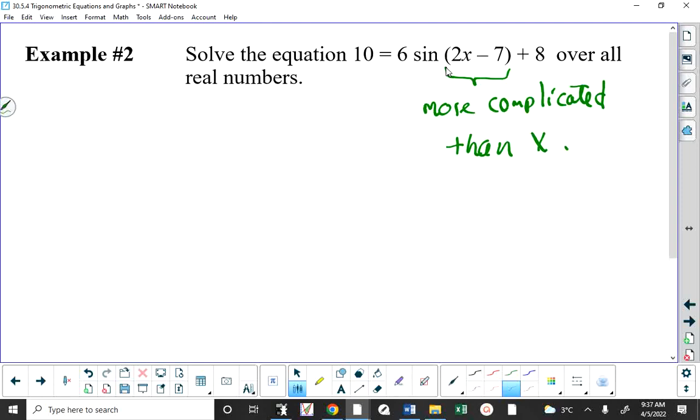If you try to rearrange this equation and then take the inverse sine to find a reference angle, you will be finding a reference angle not for x, you will be finding a reference angle for 2x minus 7. What does that even mean? I can't wrap my head around that. And for that reason, with this type of equation, you must solve this graphically.